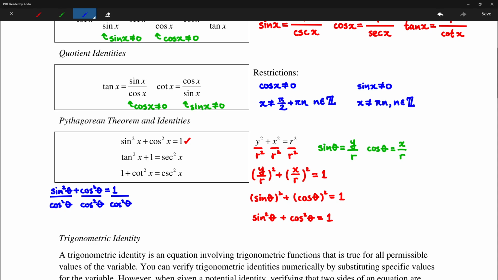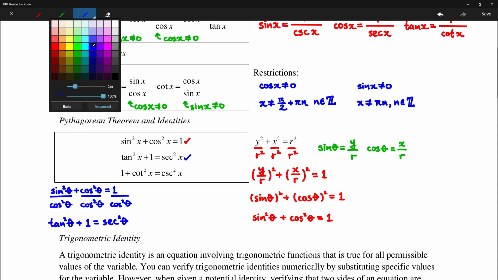The first term, sine square theta divided by cosine square theta, gives us tangent square theta. And the quotient of cosine square theta divided by cosine square theta is just 1. On the right-hand side, we have the reciprocal of cosine square theta, which of course is secant square theta.